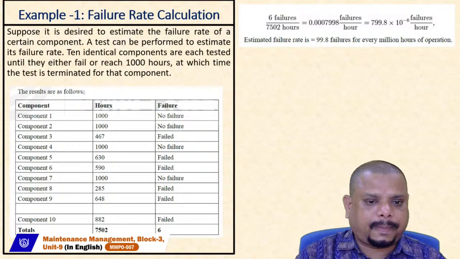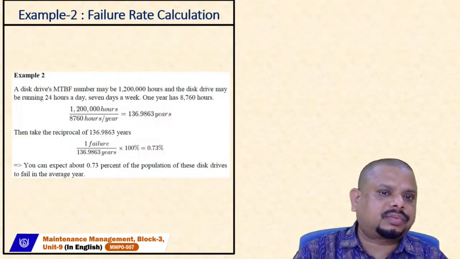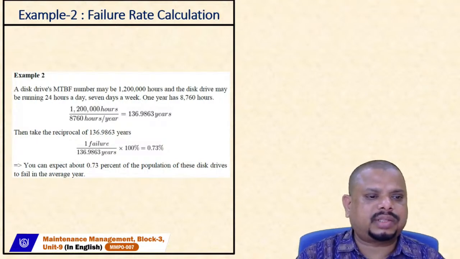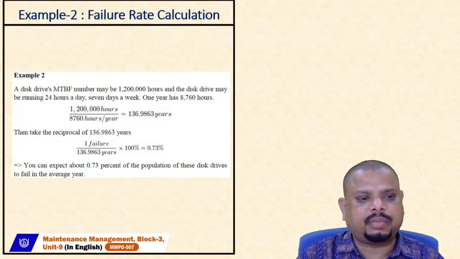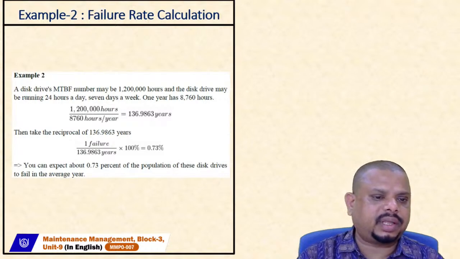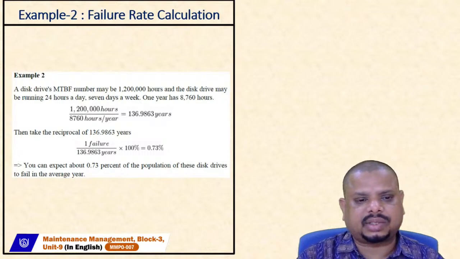Moving to the next one. Let's take another example of failure rate calculation. The first one is a disk drive whose mean time between failures may be 1 lakh 200 hours, that is 1,200,000 hours, and the disk drive may be running 24 hours a day, 7 days a week, and 1 year has 8,760 hours.